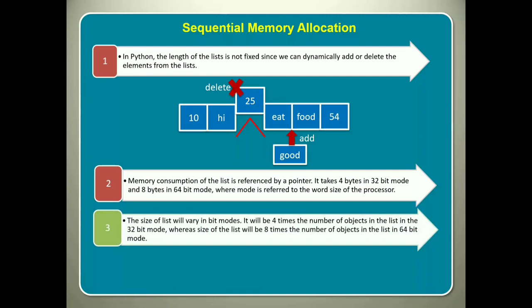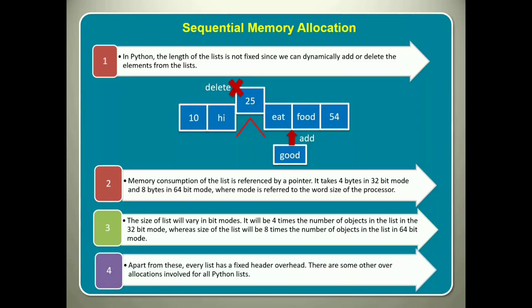Therefore, the size of a list will vary in bit modes. It will be 4 times the number of objects in the list in the 32-bit mode, whereas the size of the list will be 8 times the number of objects in the list in 64-bit mode. Apart from these, every list has a fixed header overhead. There are some other over-allocations involved for all Python lists.